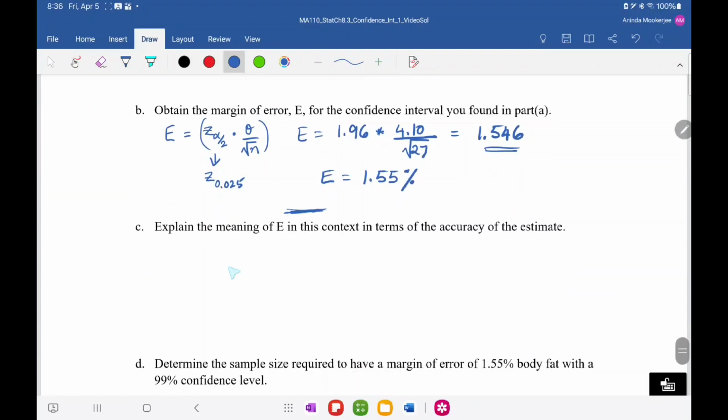Now part C says explain the meaning of E in this context in terms of the accuracy of the estimate.